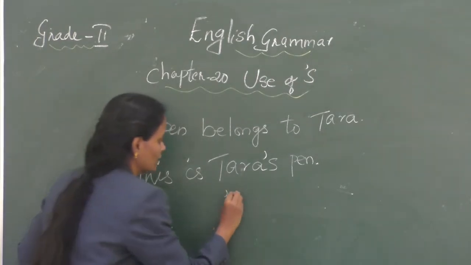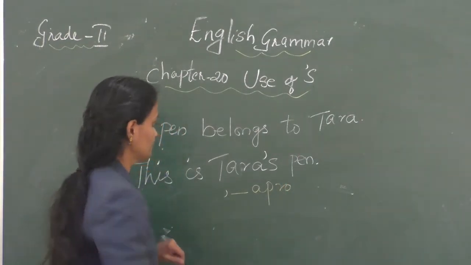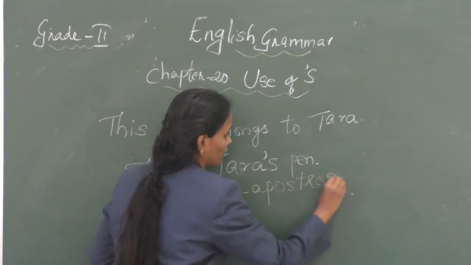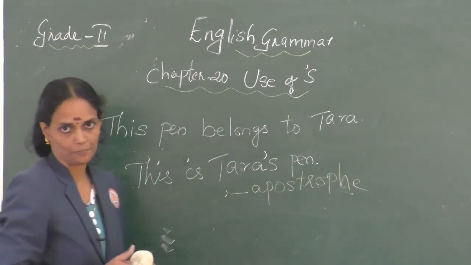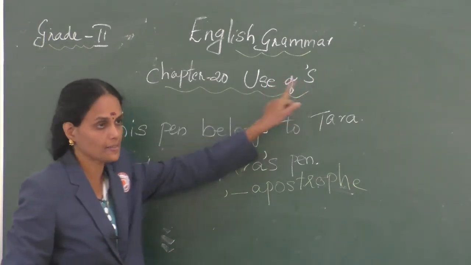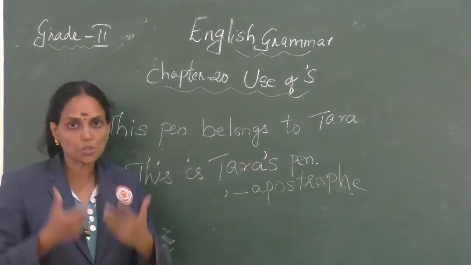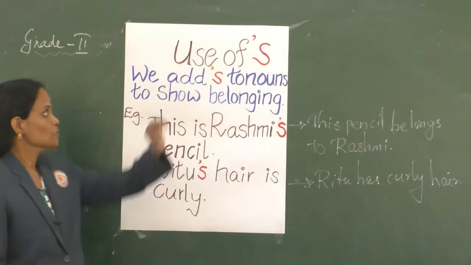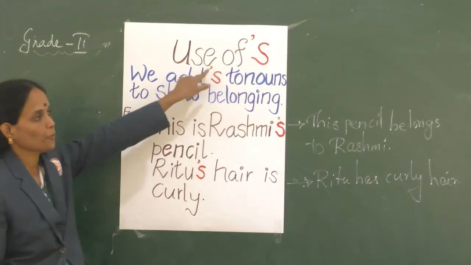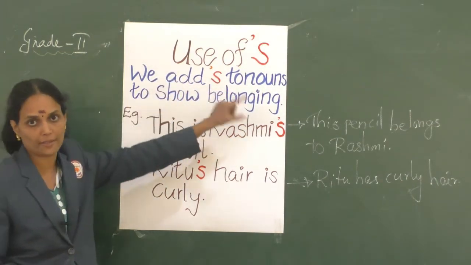The name of the symbol is apostrophe. A-P-O-S-T-R-O-P-H-E. Apostrophe. We use apostrophe S, you can see here Tara's, apostrophe S to show belonging. We add apostrophe S to nouns to show belonging.